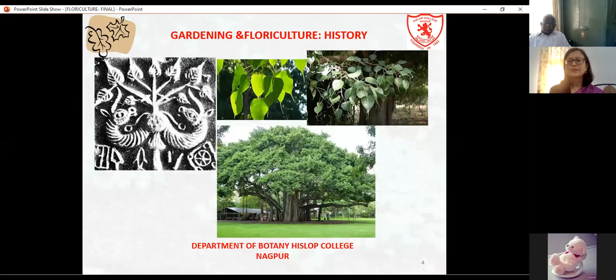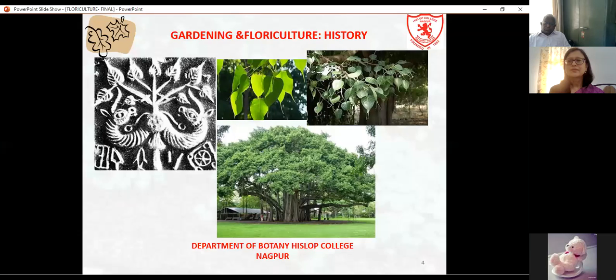Fundamentally, gardening has been the basic concept and has existed traditionally since the start of civilization, but gradually it has changed, and floriculture has evolved separately, and it is used in a very, very wider context.